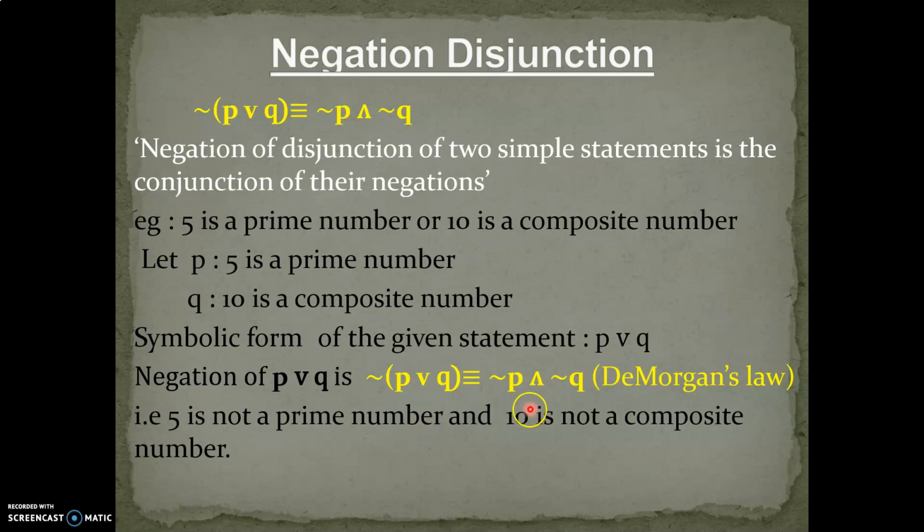We have to write this result before writing the negation of the disjunction. Then only we'll write it correctly. So 5 is not a prime number and 10 is not a composite number. So we are just applying the negation of the statement P here and putting the conjunction symbol. Then you are putting negation of the second statement. So first you will write the rule, then we will apply the statements.